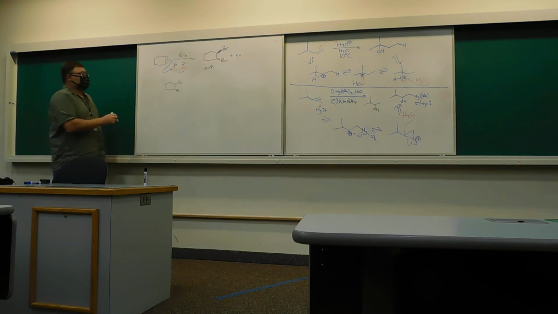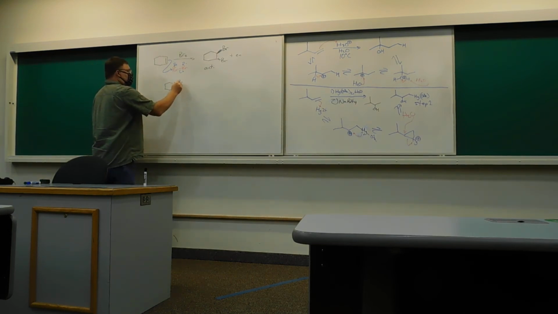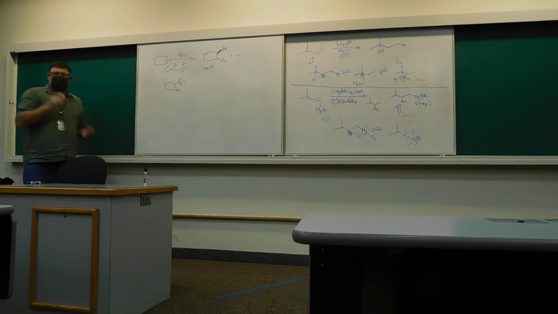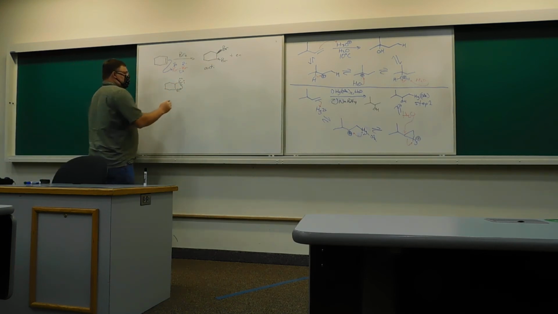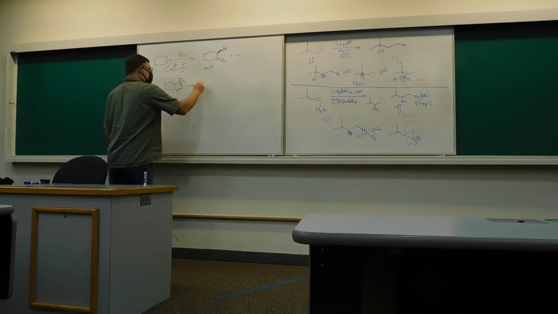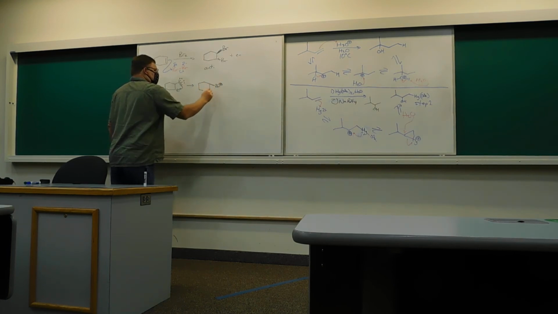But just like with mercury, this bromine now is large, it can expand its octet, and it's got these electrons right around it. And so the bromine can actually just clamp down here, and you wind up with a bromonium ion.